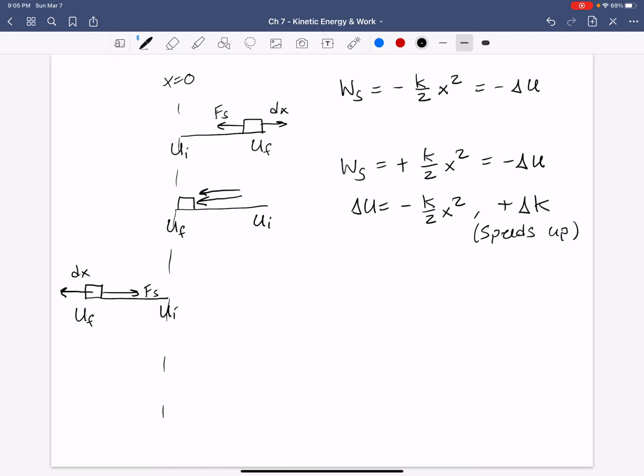It's still moving left, but there's a force right. So that's why it slows down to a stop. And in this case, the work done by the spring is like it was in position 1. They're in opposite directions, so we get a negative work value.